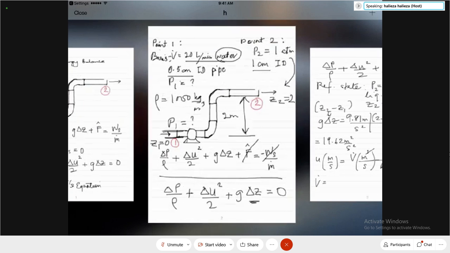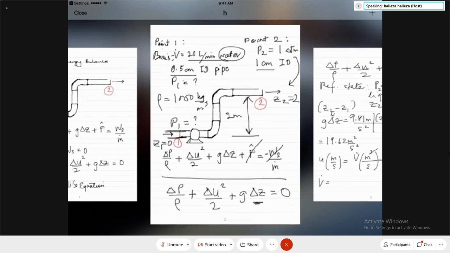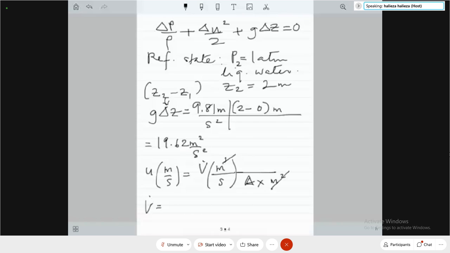So we have 20 liter per minute of water. 1 minute is 60 seconds, and 1,000 liter is 1 meter cubed.